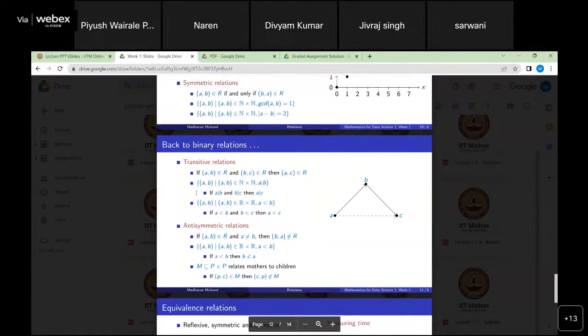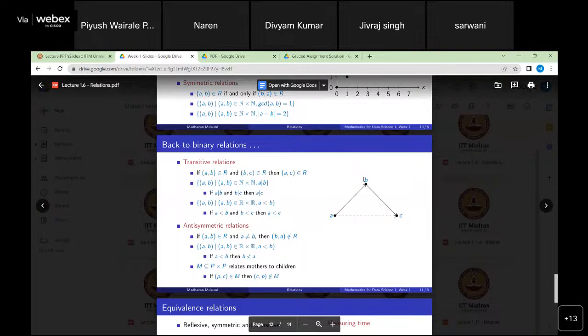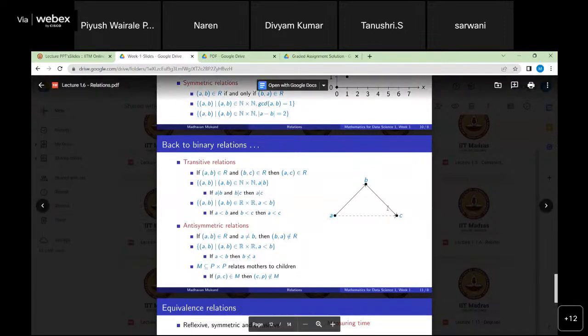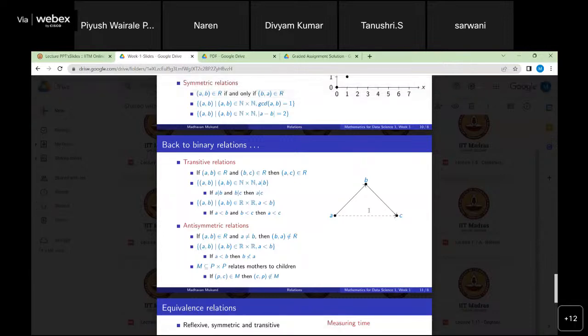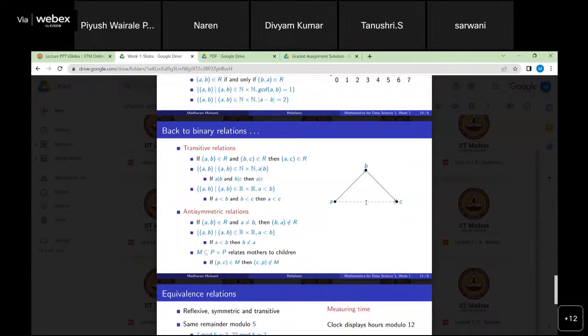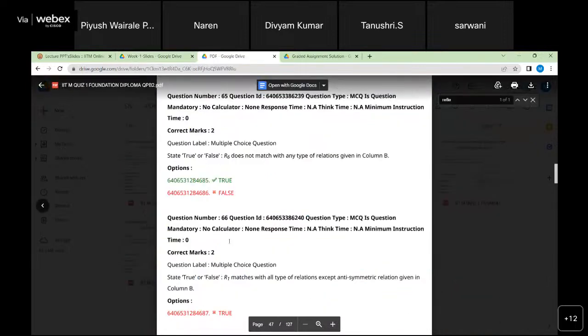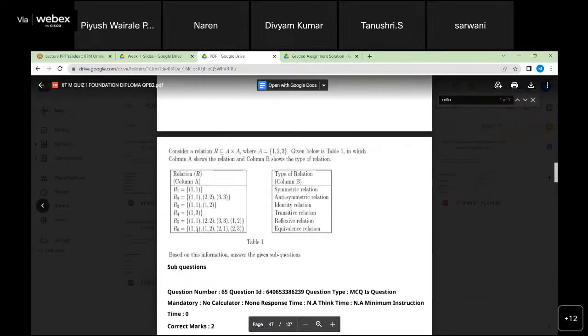Yes, yeah. So if you say transitivity here, say we have A comma B, then if A and B, yeah. So if A, B and B, C, then we say A and C, right? Say A tends to B and B tends to C, then directly we can say A tends to C, right? Yes, sir. This is transitivity, right? Yes, sir. Correct. Yeah. So in the question, what is given? No, R6, they are having extra two elements also.